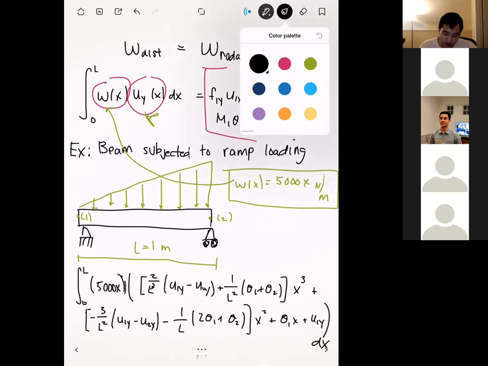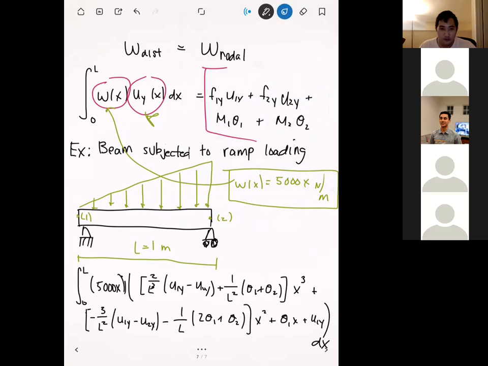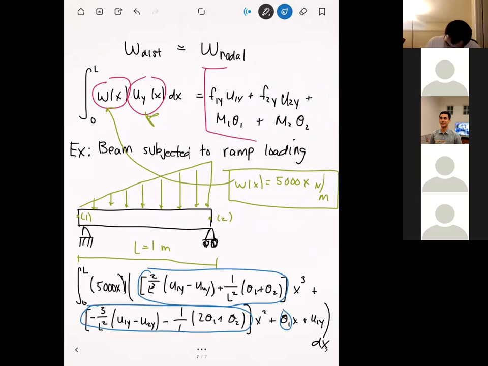But I'll give you a trick, and this will help you save some sanity. Remember what I said on the previous page, that all of these guys in the square brackets are simply constants. When we perform integrals, we don't really care about the constants; we just move them from line to line.